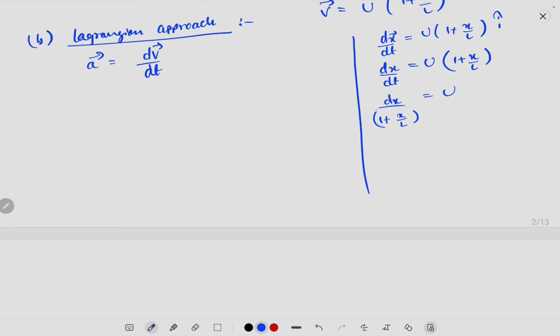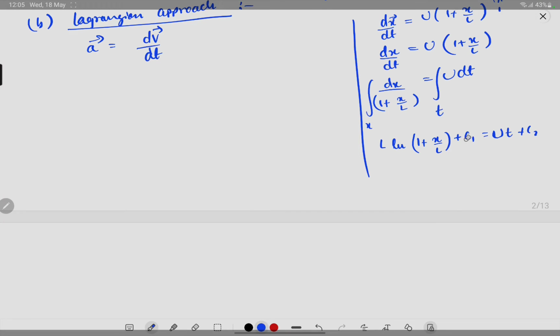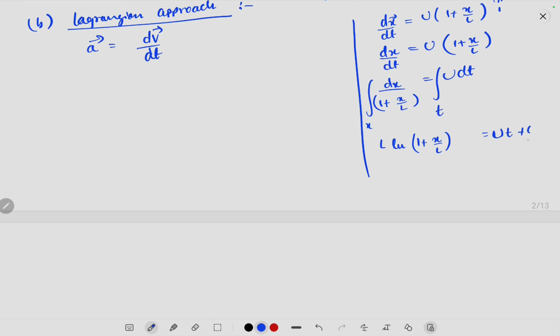Okay, and this would be dt, integrating over x and integrating over t. Okay, so now integrating this thing will give me l ln of 1 plus x by l plus some constant c1, and this will give me u times t plus some constant c2. So let's say c2 minus c1 is some other constant, and let's just write it as c.